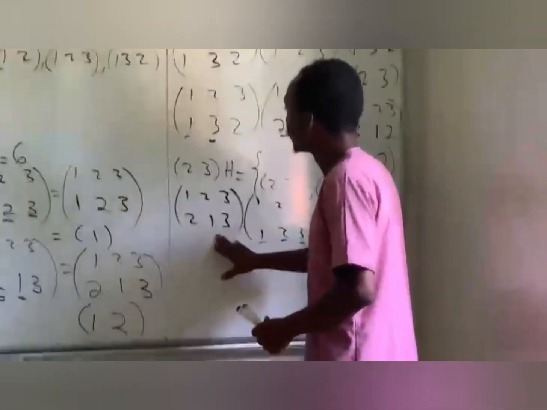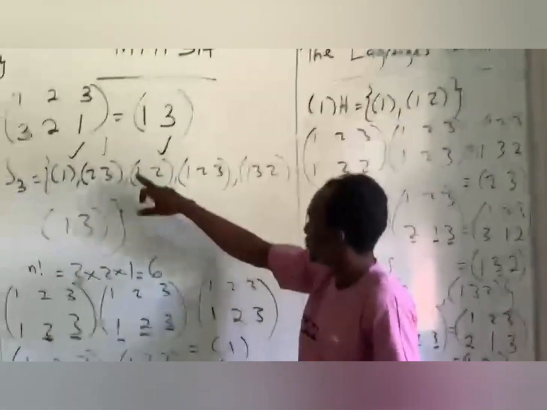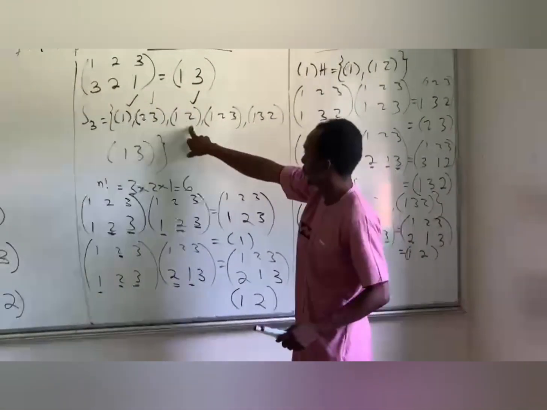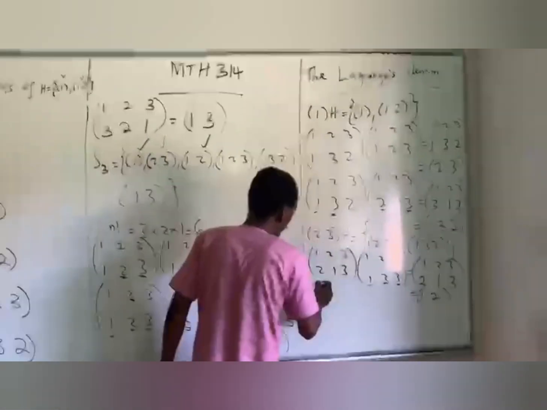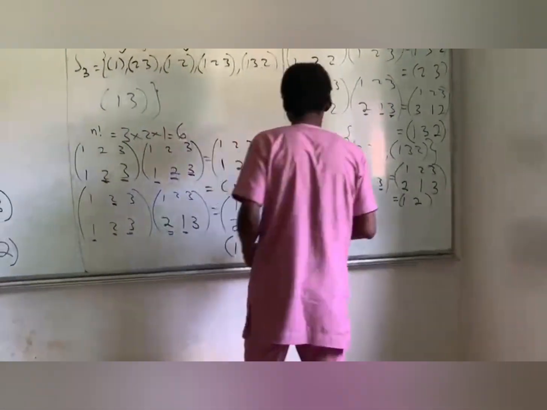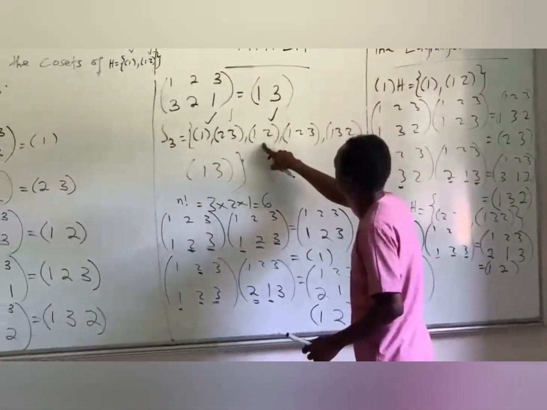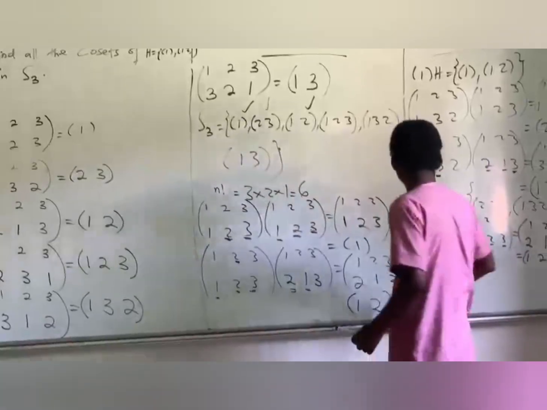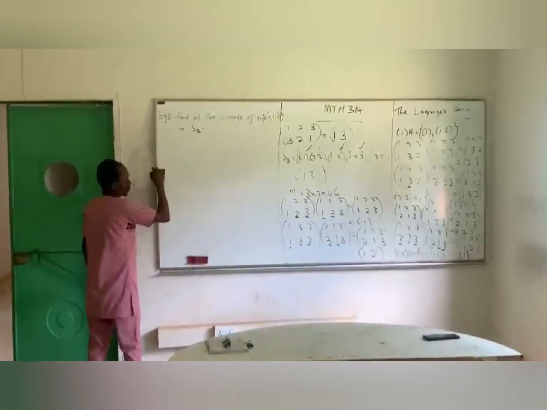So we have multiplied this by the identity. Now let's multiply it by the next one. The same thing. We are multiplying 1, 2 by 1, 2. What is 1, 2 here? 2, 1, 3.